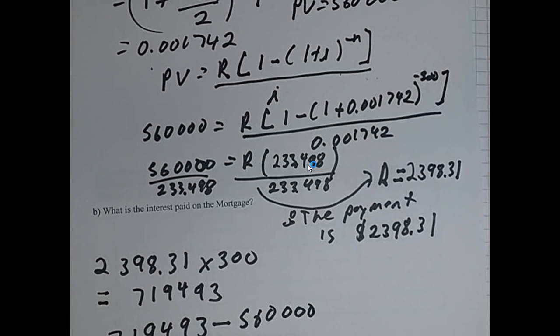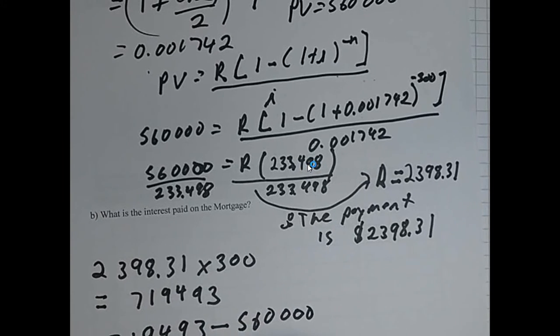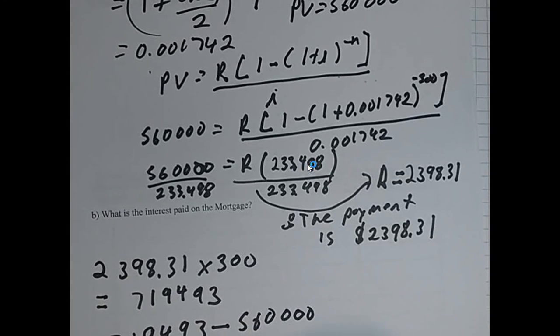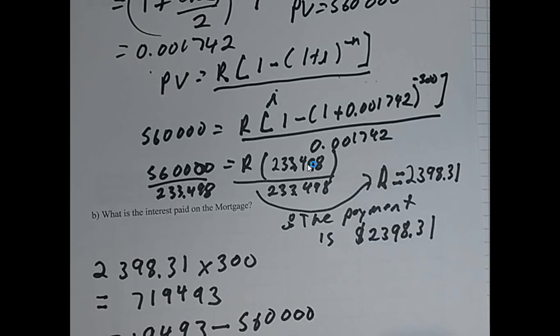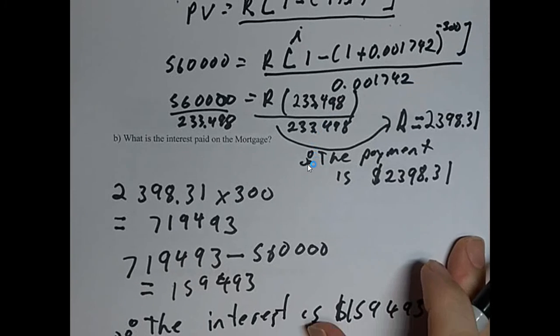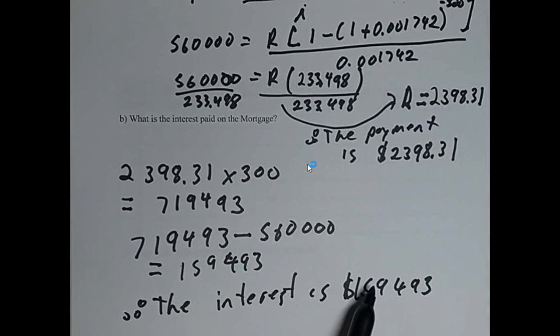Therefore, the interest is $159,493. That's what the bank, or whatever financial institute you have, takes away from you in order to pay for your house.